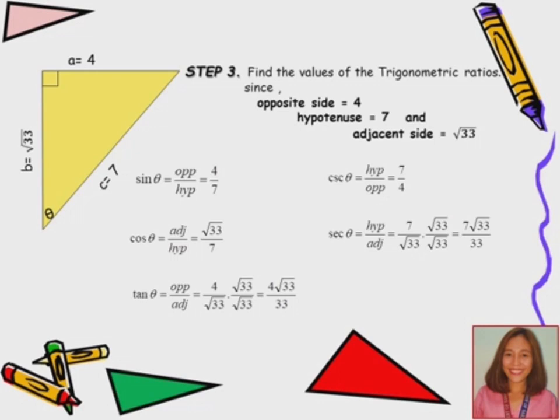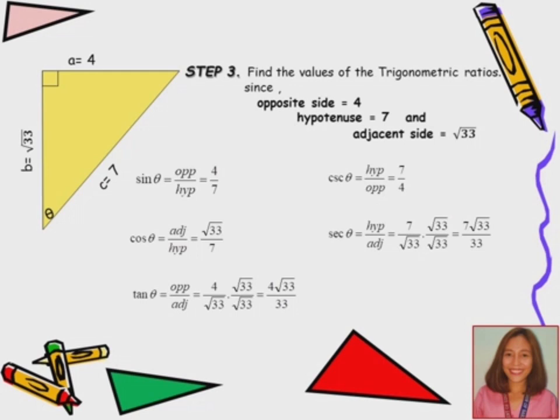So, pag may radical sign yung ating denominator, class, we are going to rationalize it. So, rationalize natin si 7 over square root of 33. Multiply natin siya sa square root of 33. So, meron tayong 7 times square root of 33.